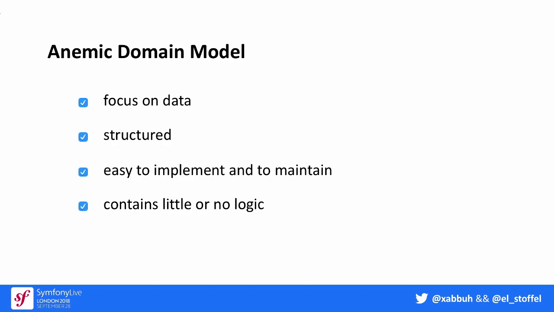And it contains little to no logic. So if you have seen the getters and setters, there was no if or condition or assertion, anything else. There were assertions about the properties which were used by the validator component. But the model itself does not contain logic in this case.